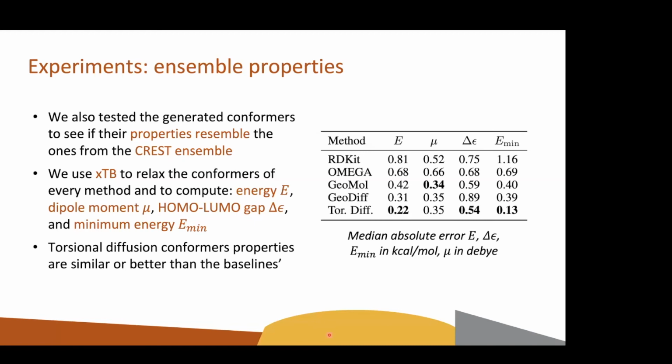One interesting thing that we think is worth noting is that even though one often cares about the low energy conformers, there could still be merit to training to generate the set of all of the conformers that Crest returns, which has a much higher cutoff of 6 kcals per mole. Now, in practice, a conformer that's that high energy is probably not very useful. But the benefit is that the model only has to learn what are the likely areas of the lowest energy conformer, and it can simply sample all of those.